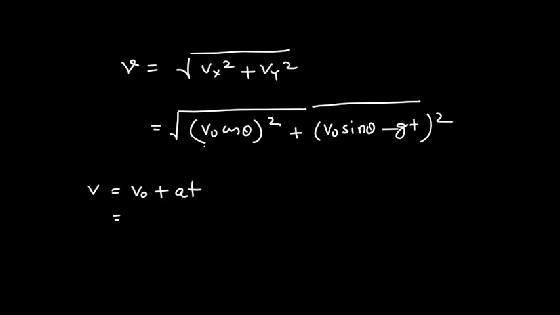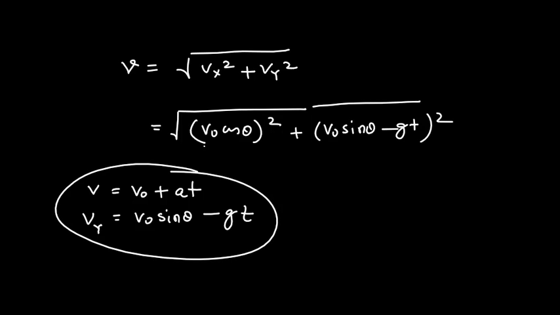So the velocity v is v naught sine theta, and a is minus g, and this is t. So this is the equation of velocity in vertical direction. So let me just rub this off, or we can use this value.